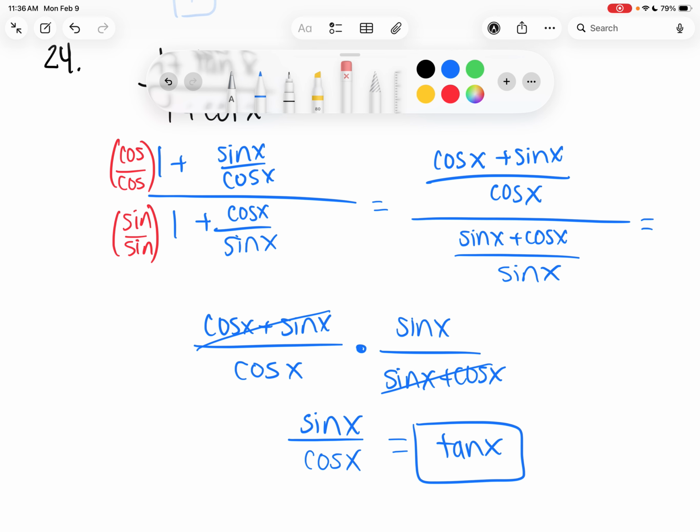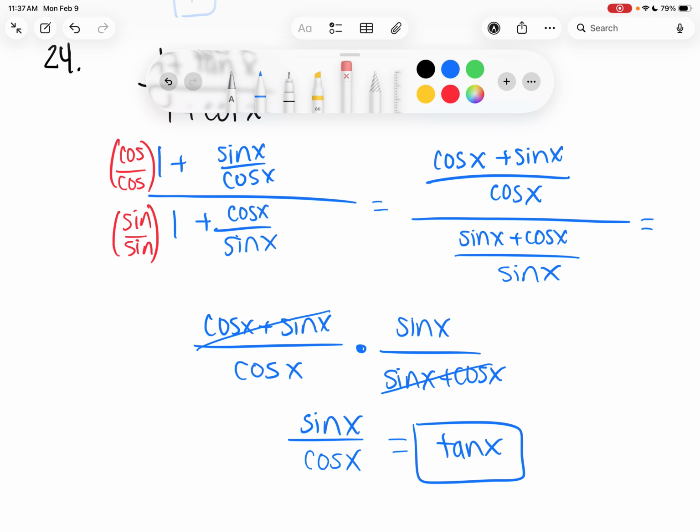Okay, so then how is cosine over cosine times 1 cosine and not 1? Well, cosine over cosine is 1. I rewrote the 1 as cosine over cosine so that I had a common denominator, so then I could combine the top.